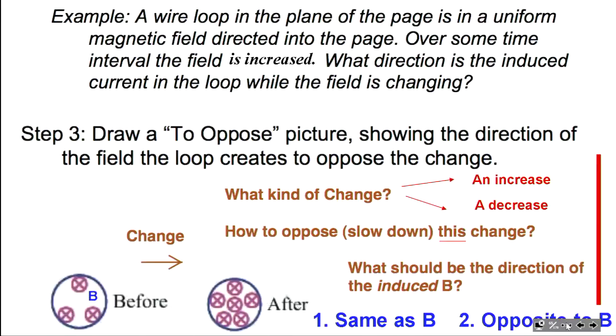We should make a choice between directing the induced magnetic field as the external or opposite. If we want to slow down the increase, we have to point the induced magnetic field opposite to the external. Opposite.